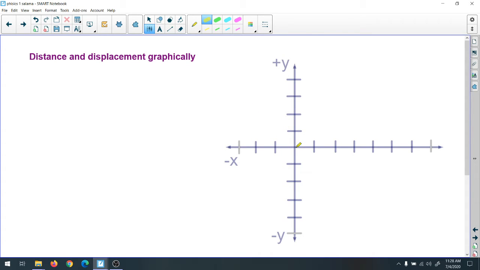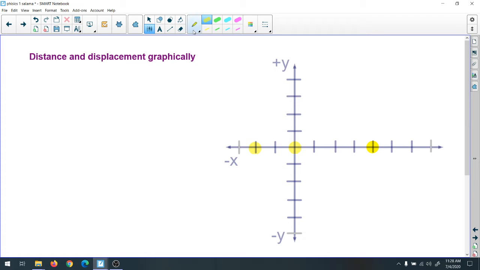Let's say that we move from the origin, and we go 1, 2, 3, 4 towards the positive direction, and we stop by here. Then we'll move back in this direction here. So this is our trip.